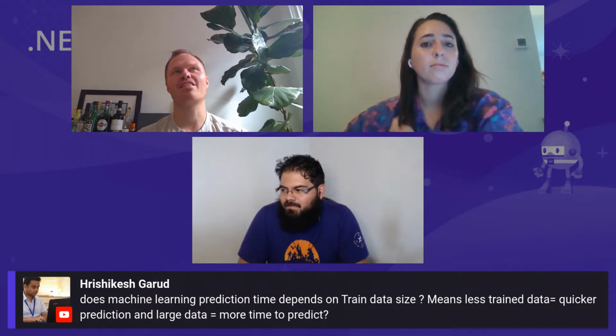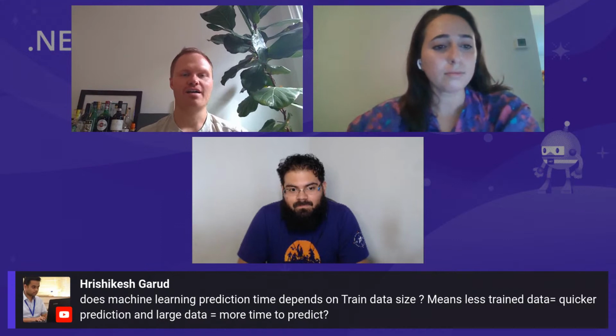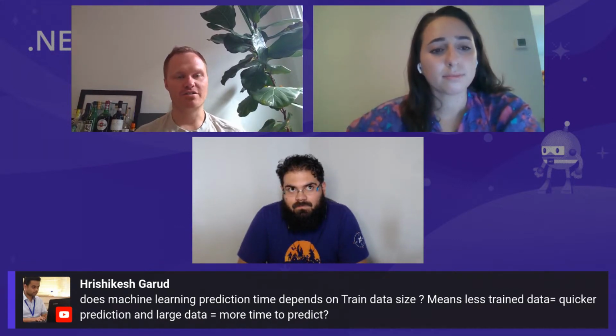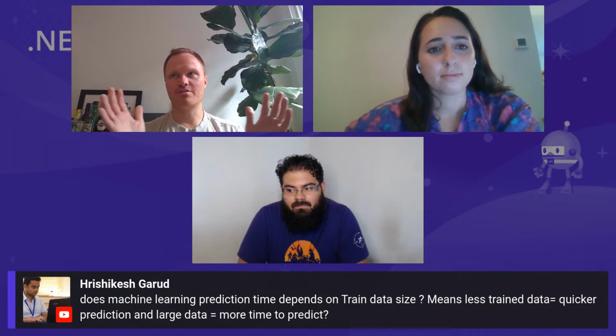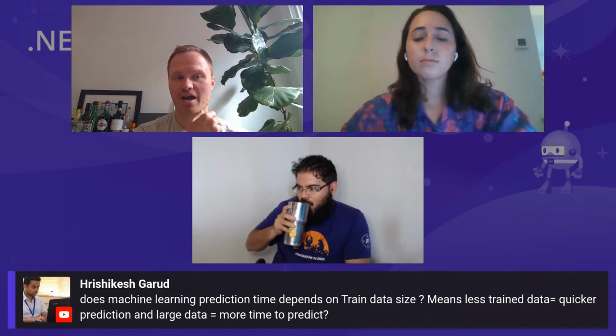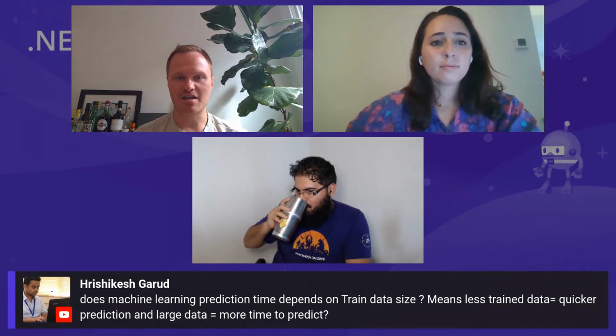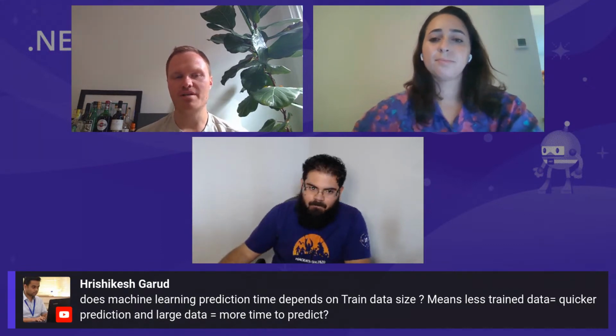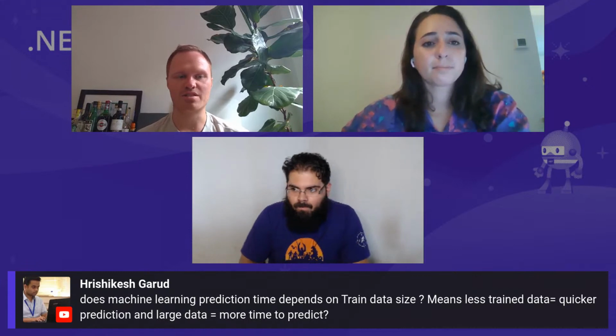Not necessarily. I think there probably is a correlation, but depending on how big your data set is, whether in terms of columns and number of rows, that might lead to a more complex model that we choose to use in AutoML to get you a better accuracy. So the fact that it is a more complex model means that it may take more time to predict.